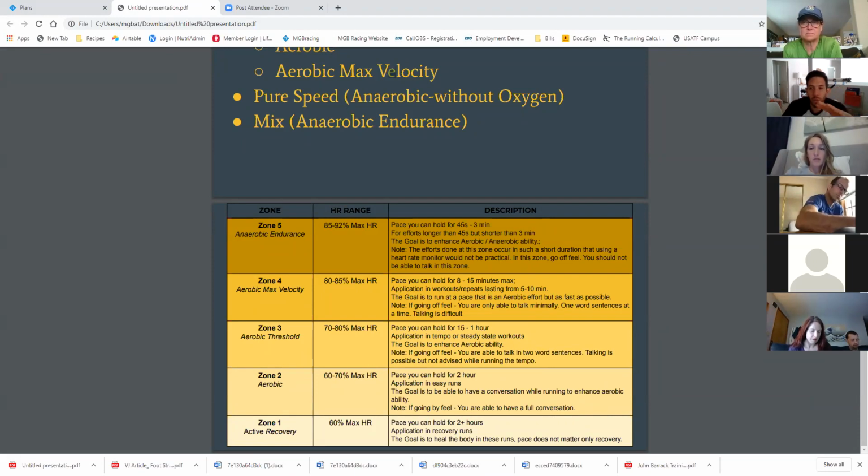The reason it's 3-3-3 is because you're not ready for that level of work to do 5-3-3. When you are in the program for a longer duration, you work up to 5-3-3. And when you see that 5-3-3 happen, you're going to see a level of performance go up. But those are the main workouts in aerobic max velocity.